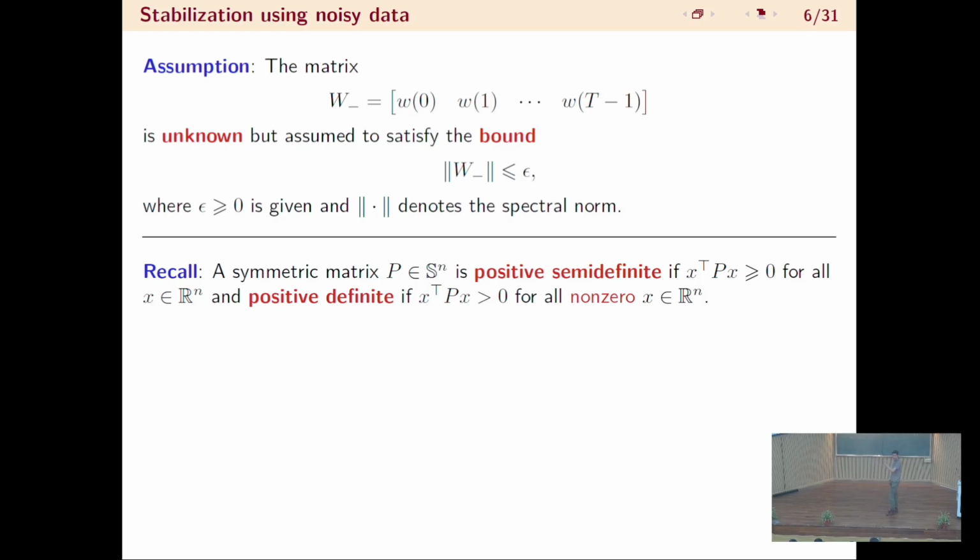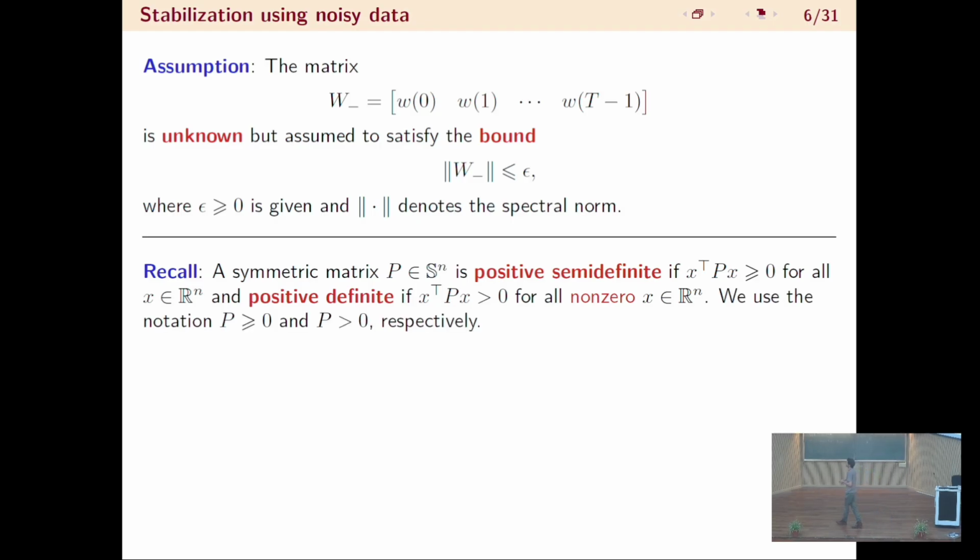And it's called positive definite if x transpose Px is greater than 0 for all non-zero vectors x. I'll also use the shorthand notation: P greater or equal to 0 means that P is positive semi-definite, and P greater than 0 means that P is positive definite. Moreover, sometimes I will use the notation P larger or equal to Q, which means that P minus Q is positive semi-definite.